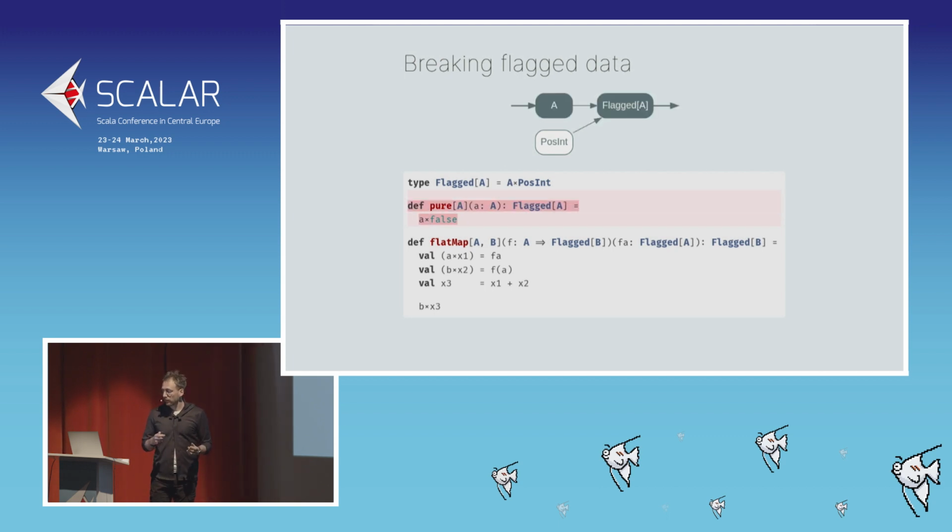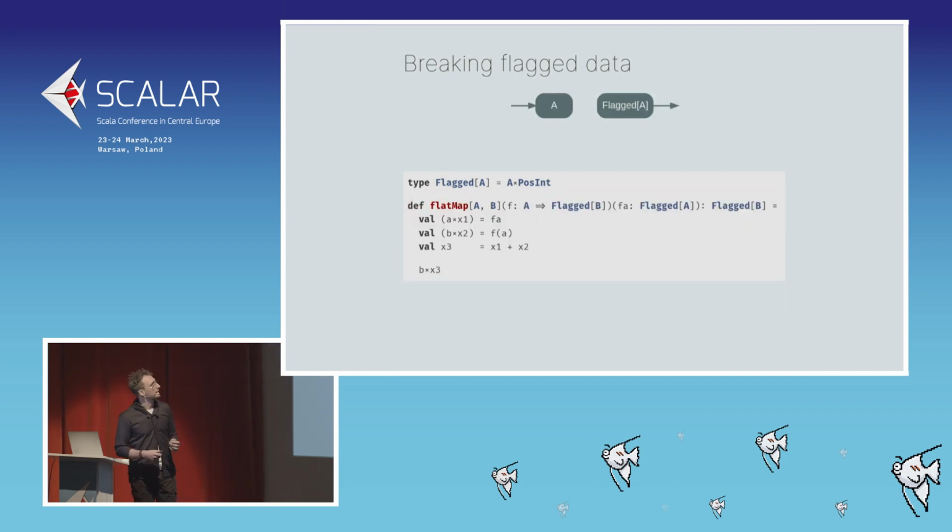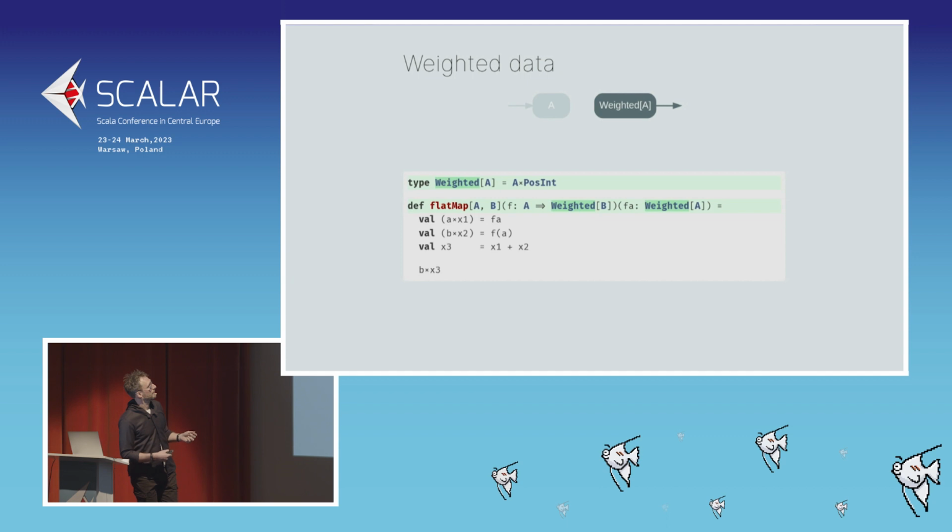So we can't implement pure. If we can't implement pure, we don't have an applicative. And if we don't have an applicative, then we don't have a monad. And so at this point, all that's left to do is to rename flagged because it's a product of an A and its weight. So it's actually something we've seen before. It's Weighted, which is an example of something that is, what was it? A flat map, but not a monad.